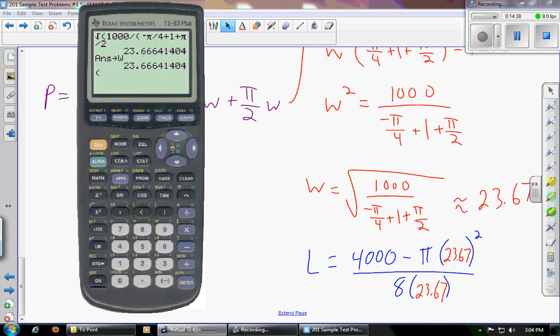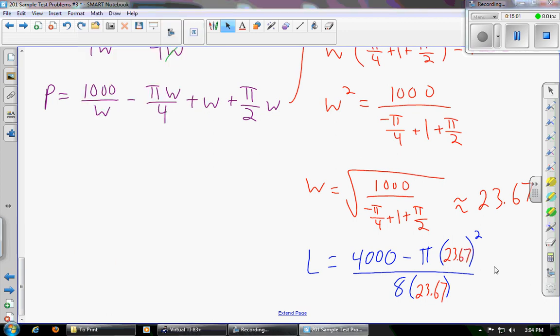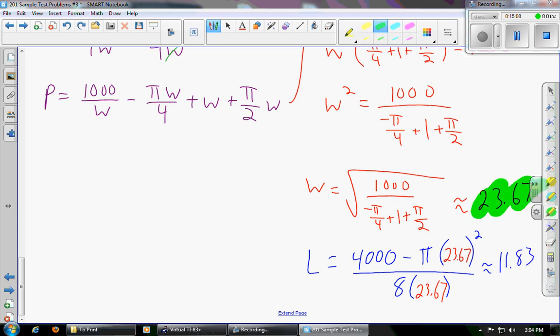Very careful with parentheses. 4,000 minus pi times alpha W squared, and then close parentheses, divided by more parentheses, 8 times alpha W. So if we've done that correctly, we should get the value of the length, so 11.833. And so here we've got our width, and here we've got our length.